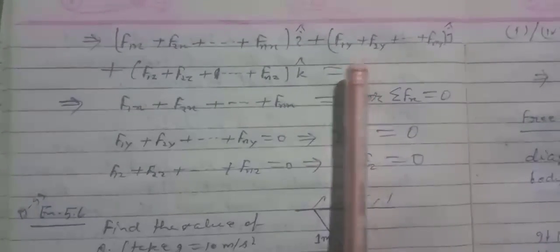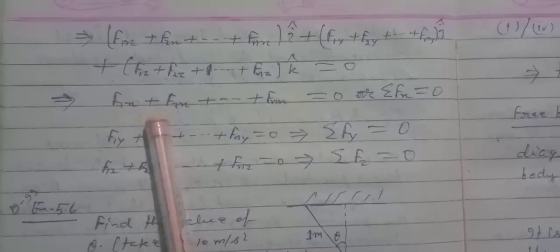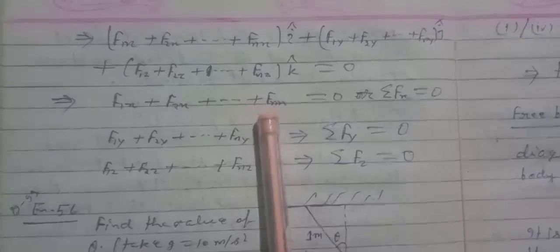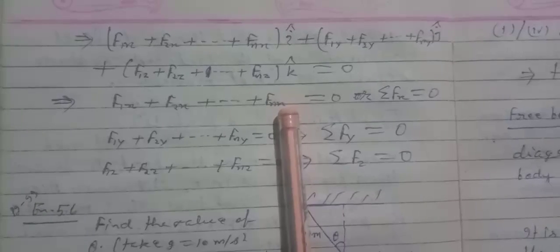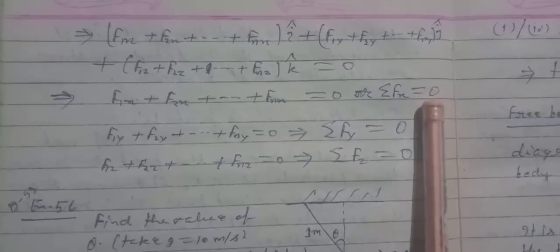So equating the coefficients of i, j and k to 0, we have F1x plus F2x plus and so on Fnx equals 0. This implies sigma Fx equals 0.